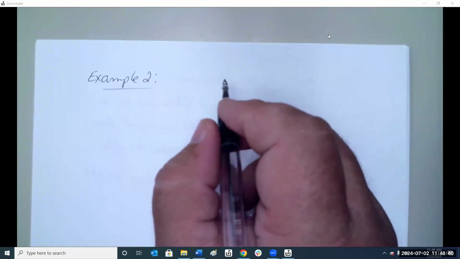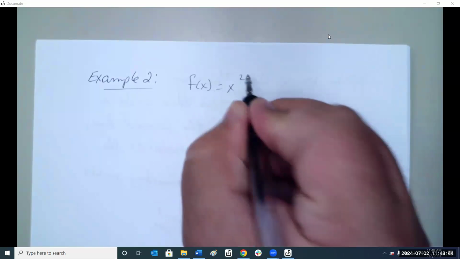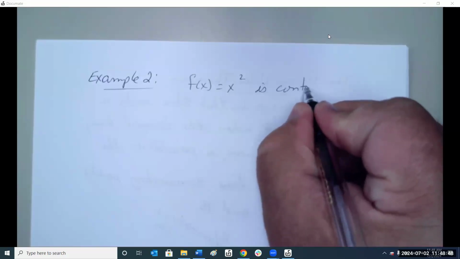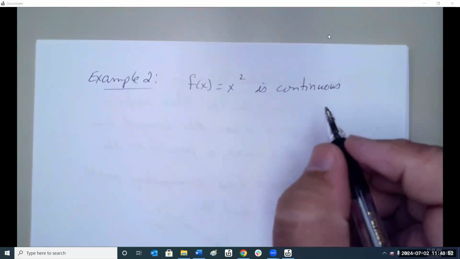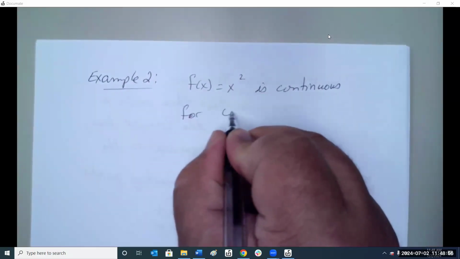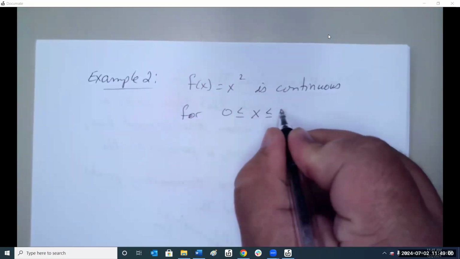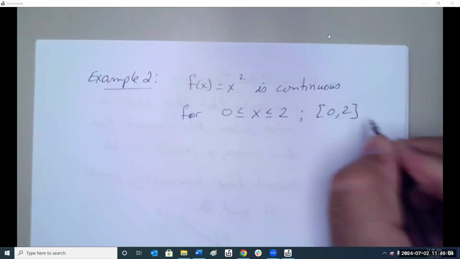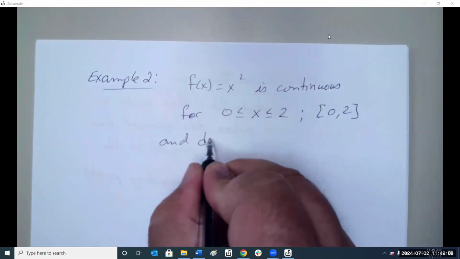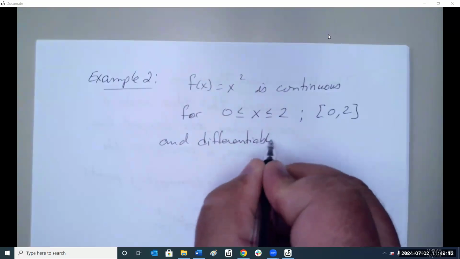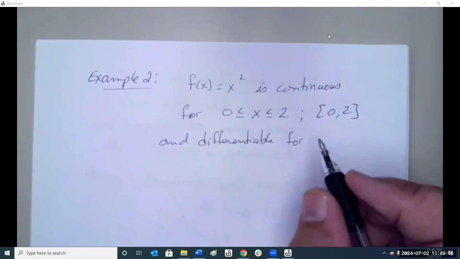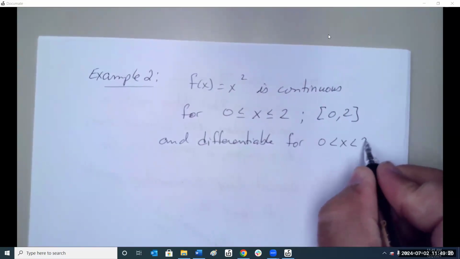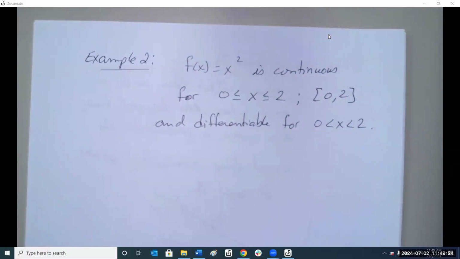Okay, let's look at example 2. The function f of x equals x squared in the figure below is continuous for every x between, so that's the closed interval, and differentiable for every x inside, the interior points.